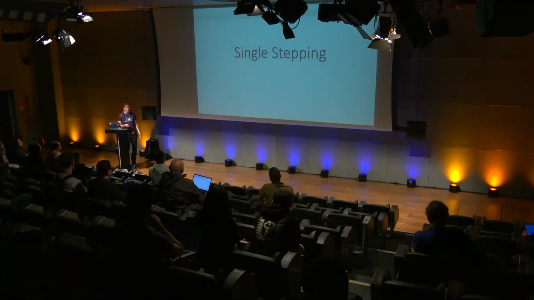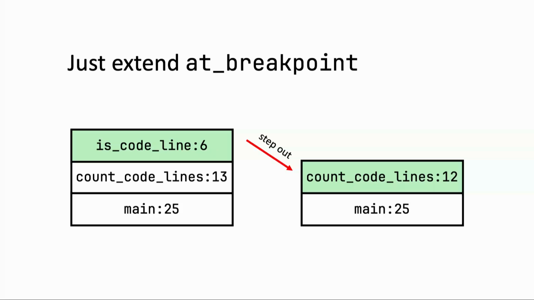So how do we then, if you have breakpoints, enable things like single stepping? That's not difficult, because if you consider, we can just extend that breakpoint. We can just check at every breakpoint, hey, a condition. And when we single step, we just check that we're not stepping in, so that the next line, here's step out.